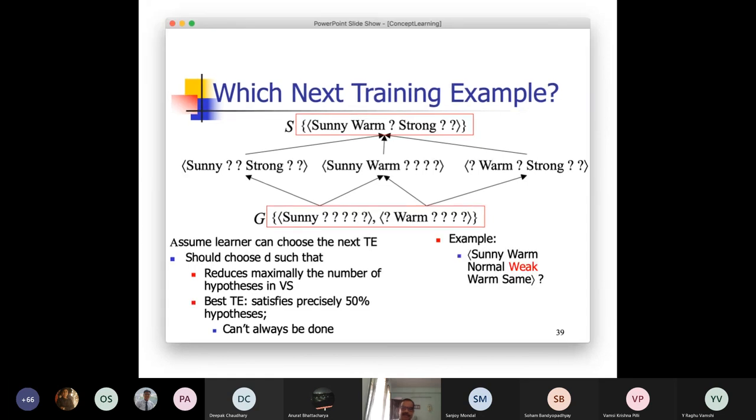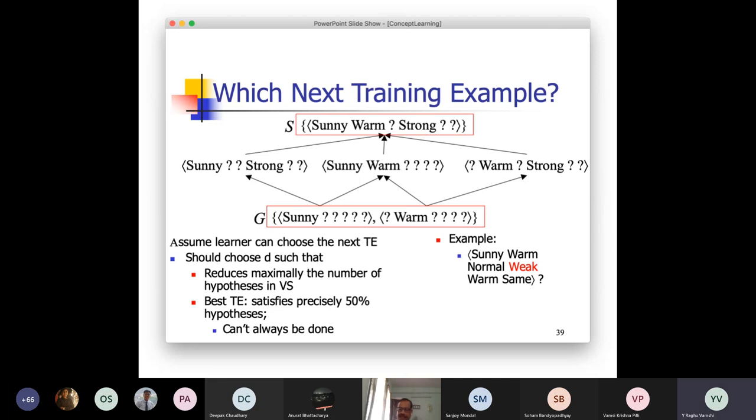Just as an example of how it affects, suppose this is the stage of your version space currently, based on the set of training examples you have seen, made consistent with that set of instances.